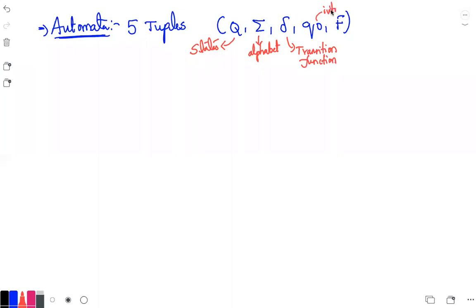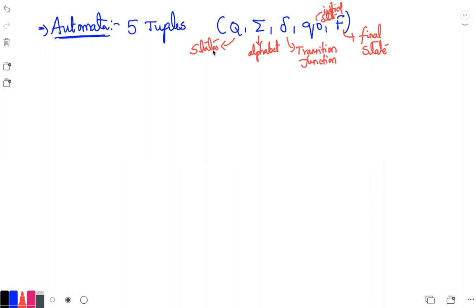Q naught is the initial state. F is the final state. Okay. So any automata can be represented with these 5 tuples. You need to know and remember the 5 tuples: Q, sigma, delta, Q naught, and F. This is the order.